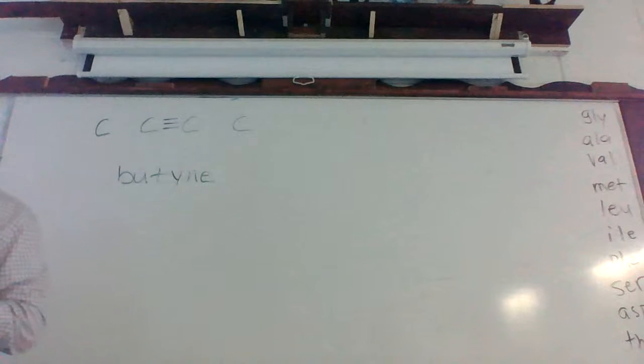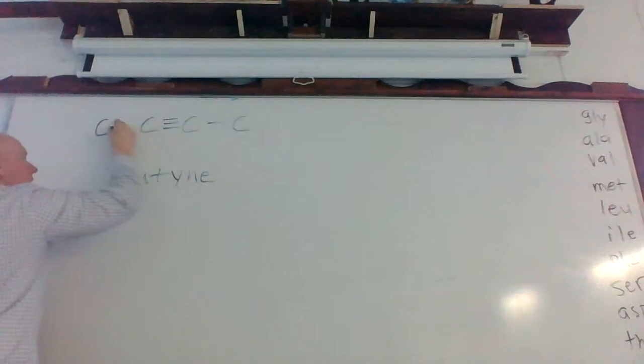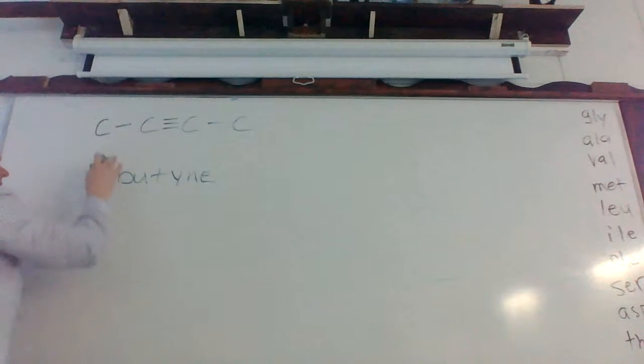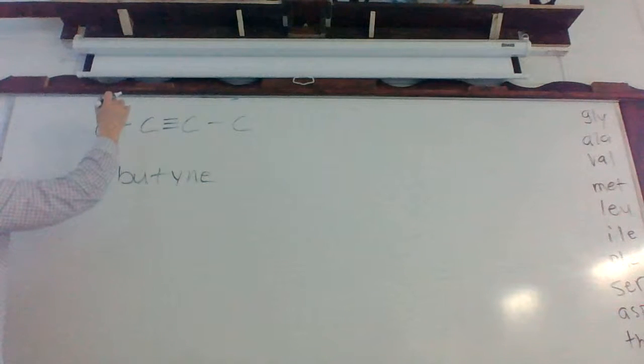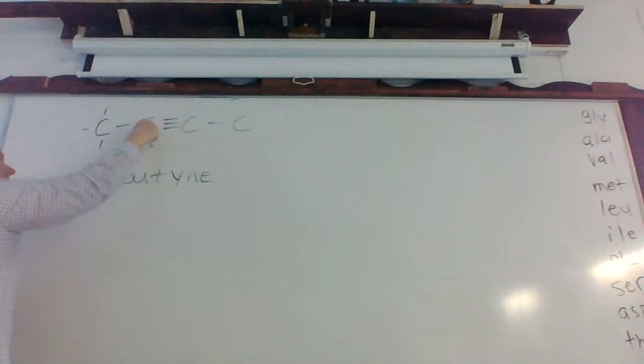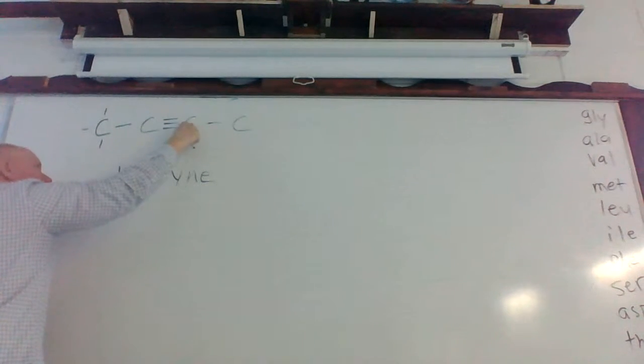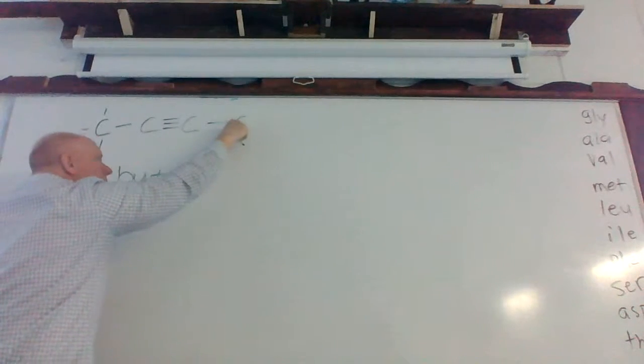Can we just leave it written like this? We can connect these now. How many hydrogens does this one have to have? 0. How many hydrogens for this one? 0. How many hydrogens for this one? 3.